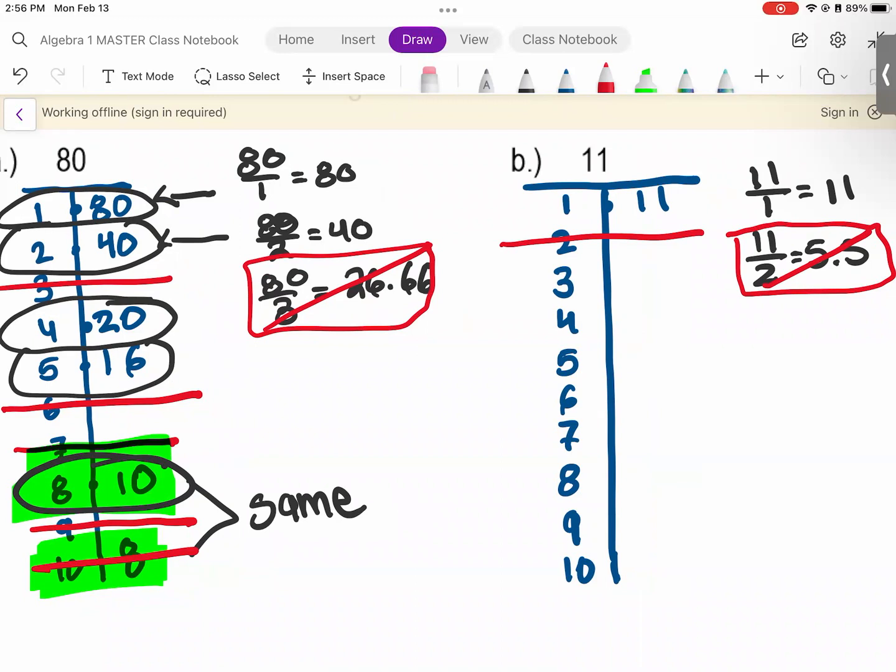11 divided by 3, we get 3.66, so we can't use it. 11 divided by 4, we get 2.75, so we can't use it either.